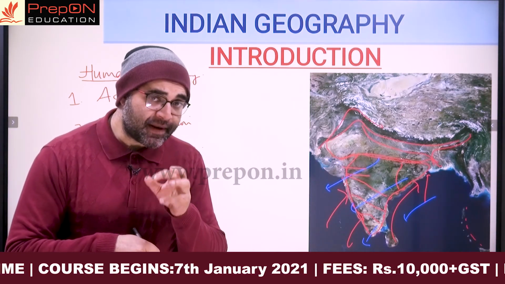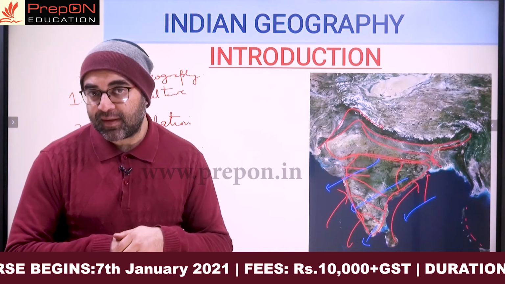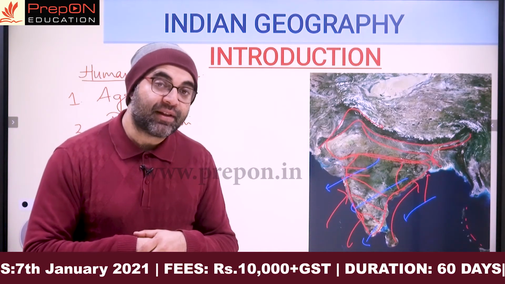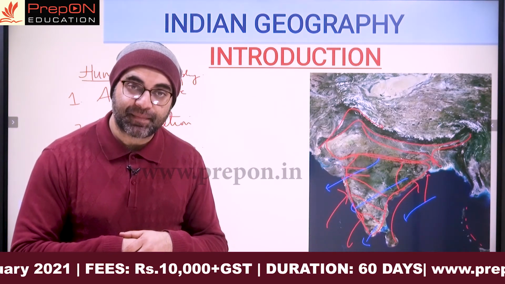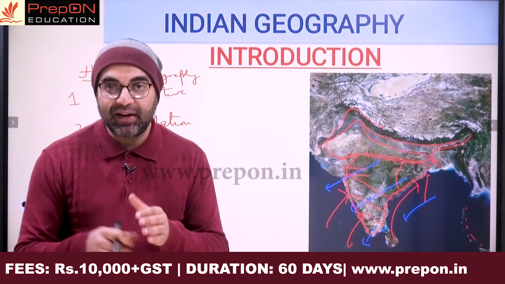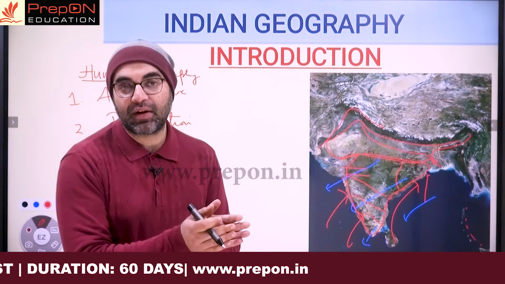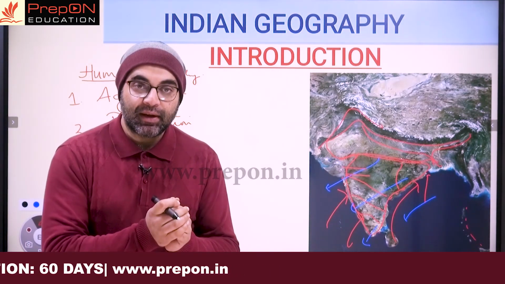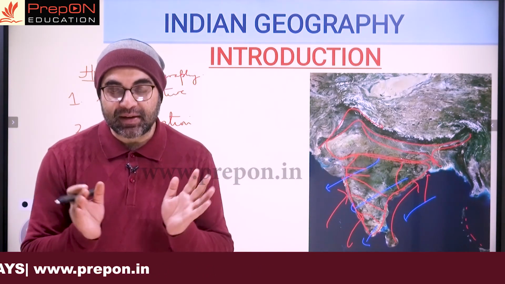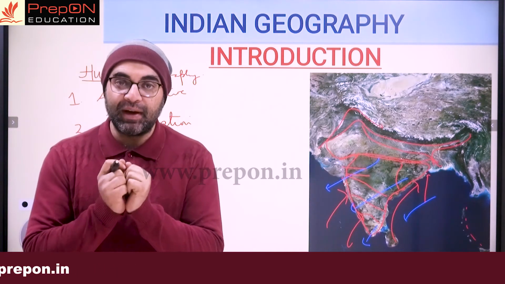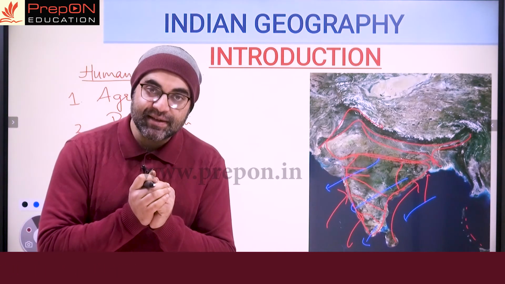What is the main focus of the examiner these days is the problems related with the extraction of these resources. For example, we have a different licensing policy for coal and we have a different licensing policy for natural gas. Right? Two companies or a single company cannot extract coal and cannot extract natural gas.